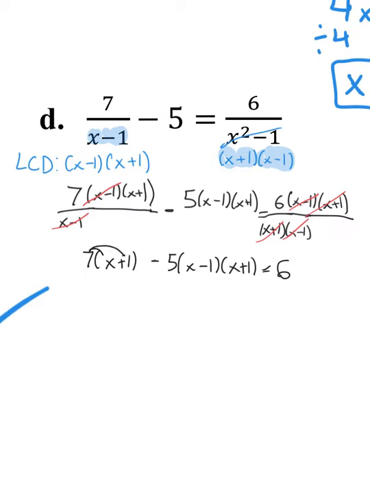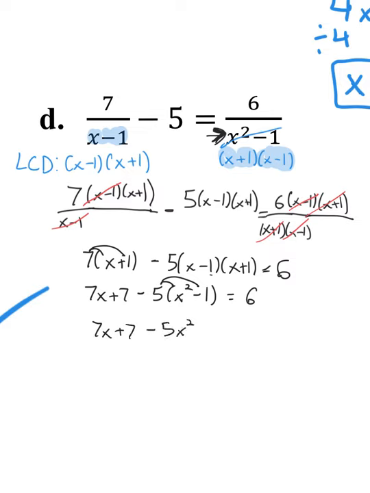7 times x plus 1 becomes 7x plus 7. X minus 1 times x plus 1, we actually already know that was x squared minus 1 from being up here. So I'm just going to do that real quick. And then I'll distribute this negative 5 through. It'll make it a little bit easier for me.